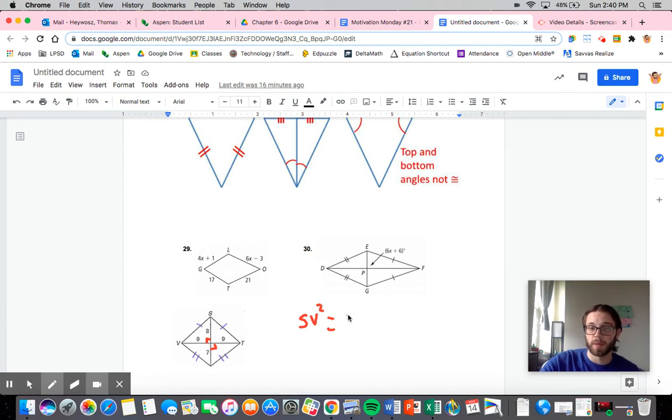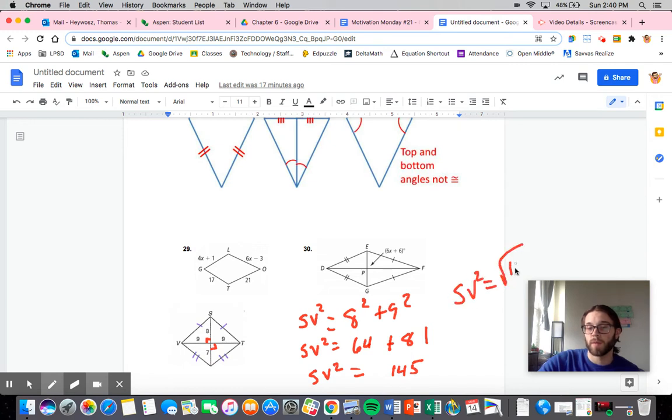That squared is equal to 8 squared plus 9 squared. So SV squared is equal to 64 plus 81. So SV squared is going to be equal to, what's that? 145. So SV is going to be equal to the square root of 145.